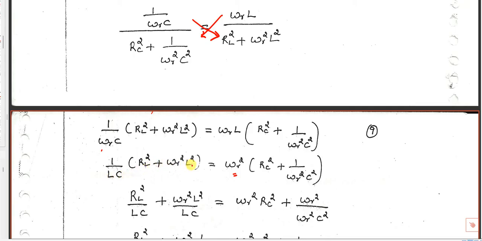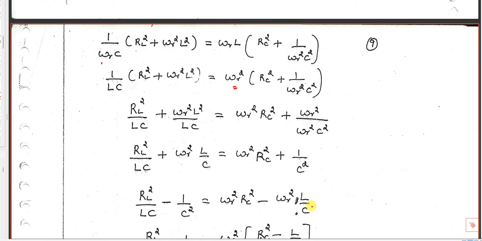RL square plus omega r square L square is equal to omega r whole square RC square plus omega r square C squared. Next, here we have RL square by LC, this multiplied by this, and again omega r squared L squared by LC.